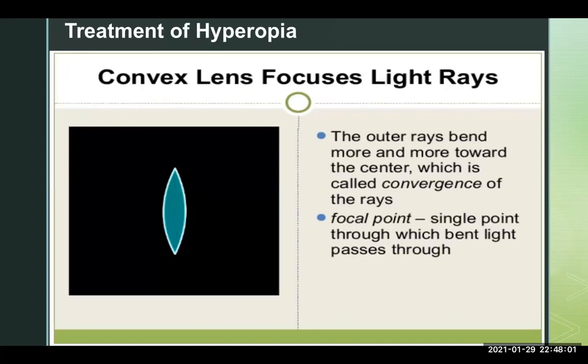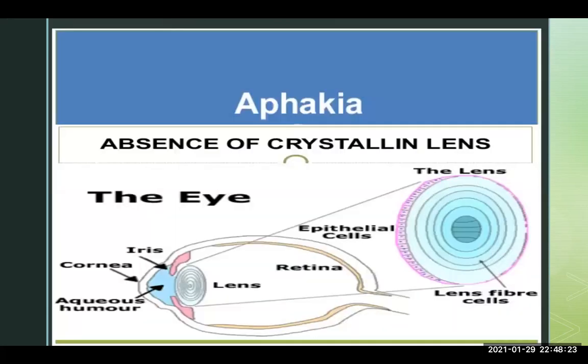Simply, the treatment of hyperopia is aiding the eye to converge the light. So the convex lens is the treatment for hyperopia, because the convex lens focuses the light rays. It corrects the hyperopia by increasing the refractive power of the eye and changing the focal length so the focus comes onto the retina.